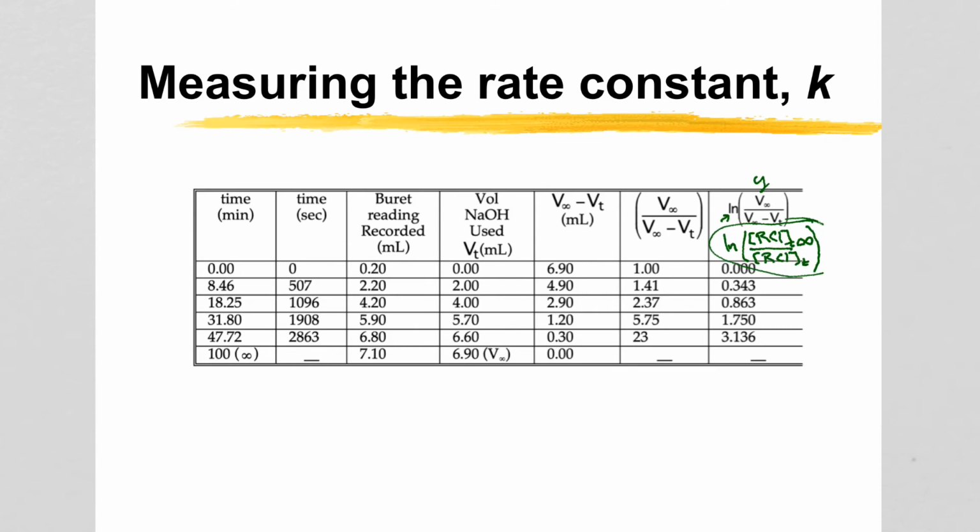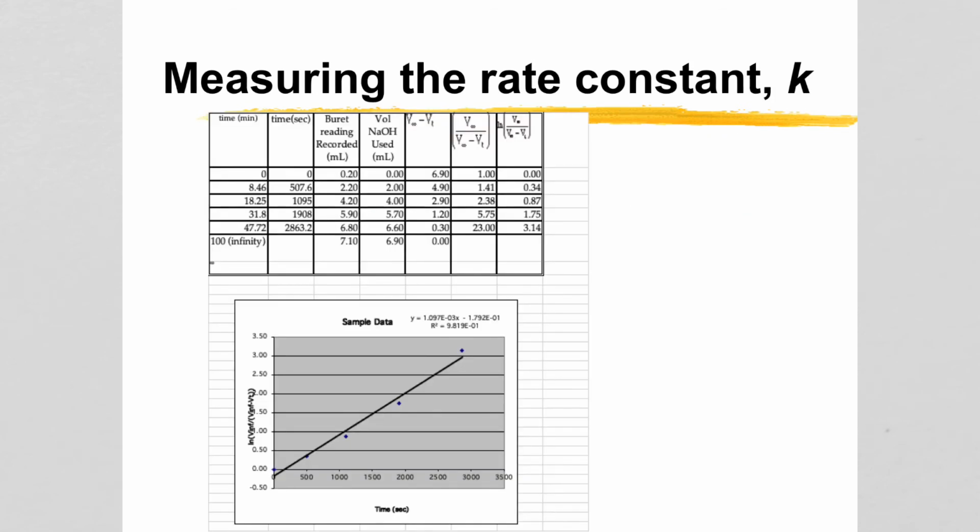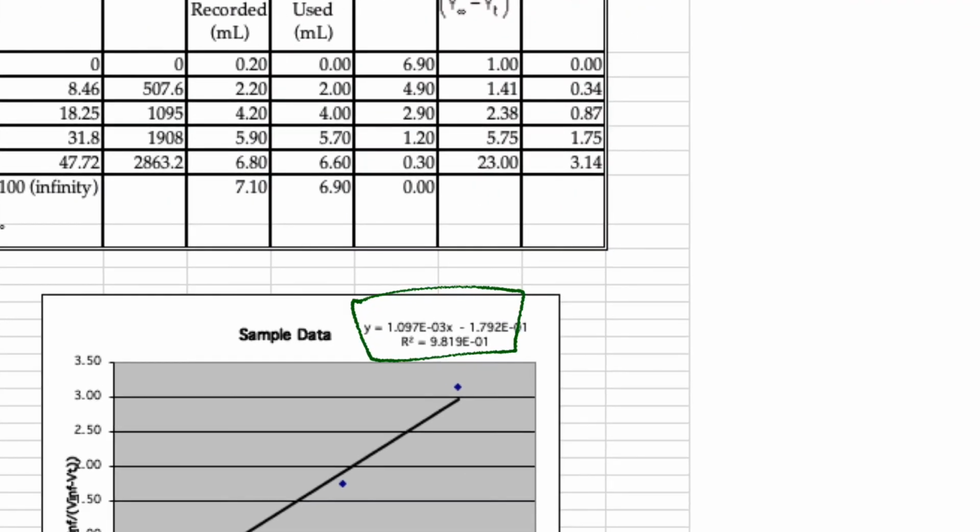But the cool thing is not only does this Excel template do all of these calculations for you, it also gives you a nice graph. And as you can see right here, here is your formula, and so right there is your slope.